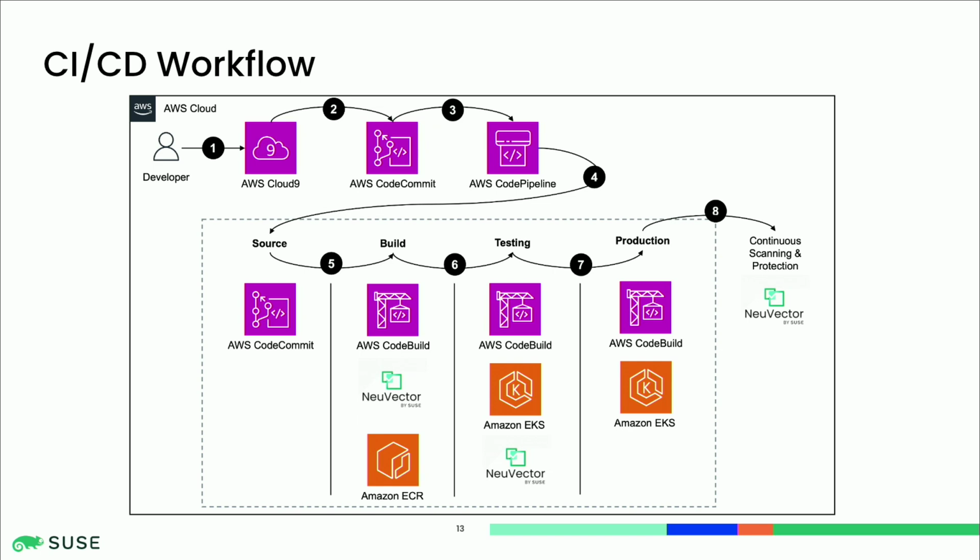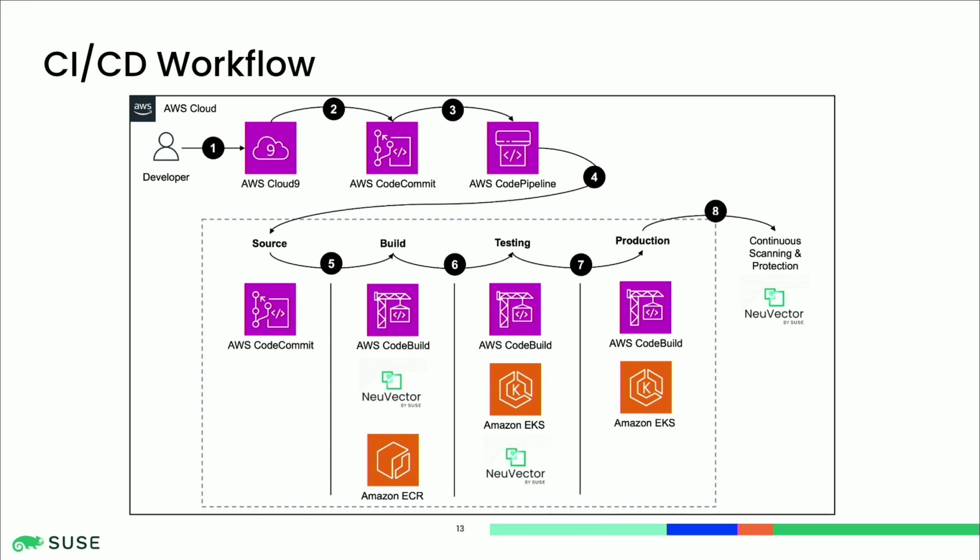We move on to step 6, testing. In the testing stage, we again use CodeBuild to orchestrate our actions, to deploy our application on our EKS cluster in a testing environment. Could be a testing namespace, could be a testing cluster, whatever your strategy looks like. At that point, we come back to what Kevin said earlier about runtime security.